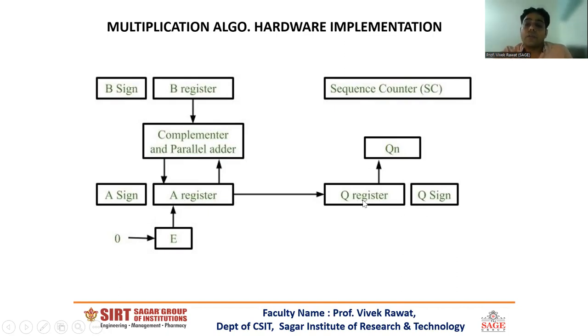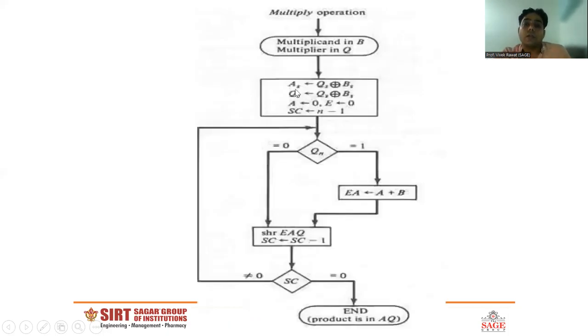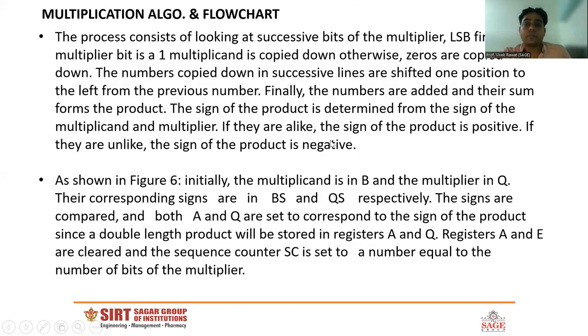So if the Q register has a negative number, that sign will be saved in Q sign, that is called QS. In the flowchart, you can see here AS, QS and BS. In the flowchart, you can see the multiplicand is B and the multiplier is Q. The multiplier value is saved in the Q register and the multiplicand is saved in the B register.